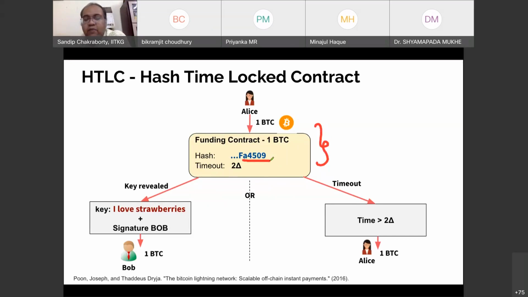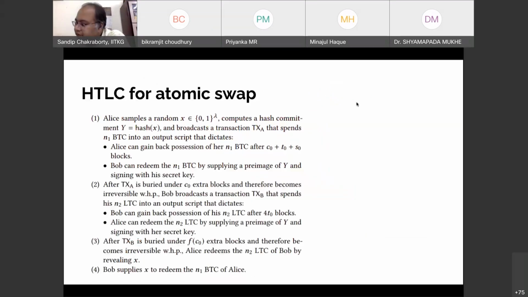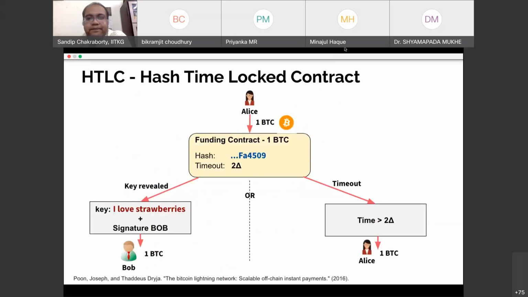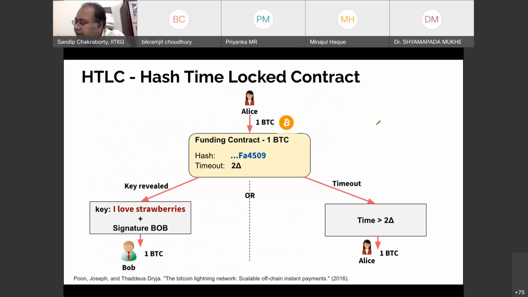Okay, so once Alice submits 1 BTC, it creates a funding contract, and in that funding contract, it provides a hash lock. So Alice knows the key. Say the key is "I love strawberries."